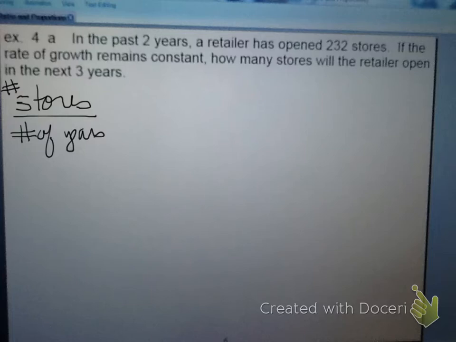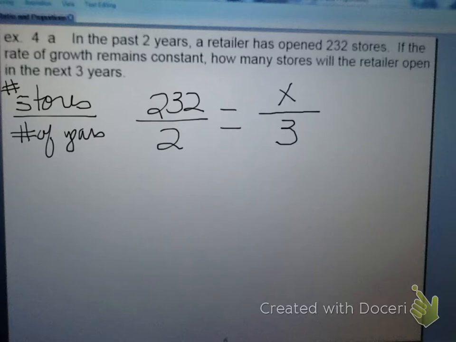The number of stores is 232, and the number of years is 2. Well, the question is, how many stores will the retailer open in 3 years? So where does the 3 years go? In the bottom. What do we put up here for the number of stores? x.